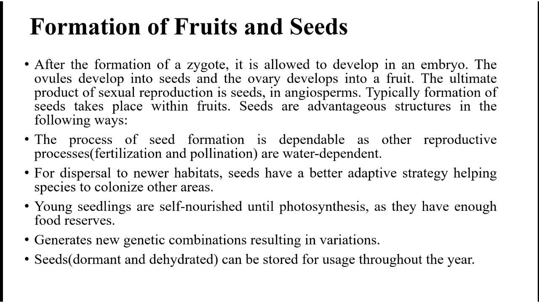Seeds can be stored for usage throughout the year. Some seeds are dormant, so we can keep them for a long time. So our ultimate aim of this sexual reproduction is to produce seed for the next generation, for growing the next generation of that plant, for conserving one genetic combination.